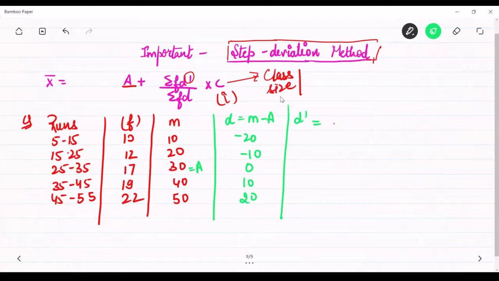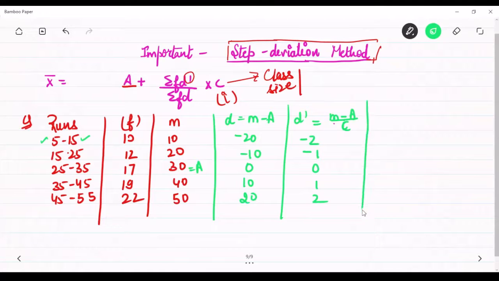Class size, or we can say the difference between the upper limit and the lower limit. Here in the question, the lower limit is 5 and the upper limit is 15, so the difference between them is 10. So we need to do M minus A divided by I or C. When we divide minus 20 by 10, we will get minus 2. Same with the rest: minus 1, 0, 1 and 2.